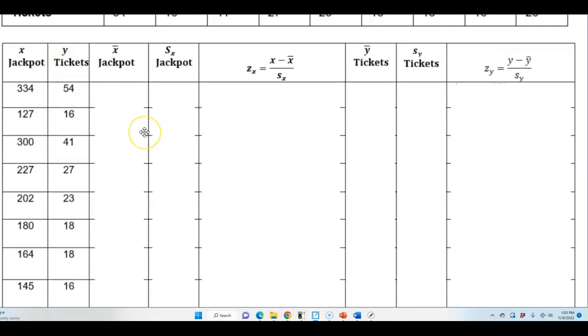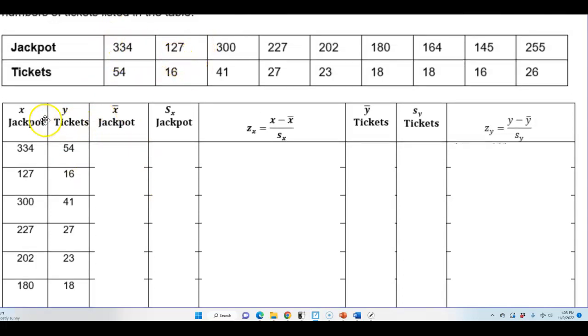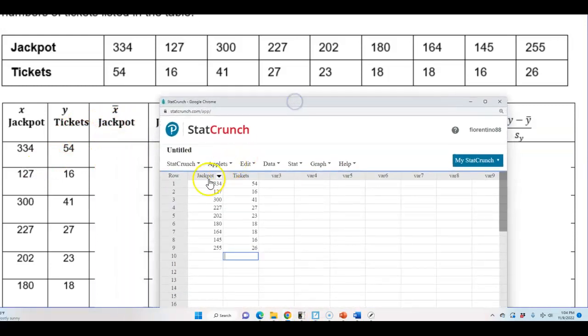Okay? So the first thing we want to do is put this data into StatCrunch and find the mean and the standard deviation for the x values and the mean and the standard deviation for the y values. So we're going to open up StatCrunch, create a jackpot column, put that in as x, and then over here these are our tickets, and we make sure that represents our y values.